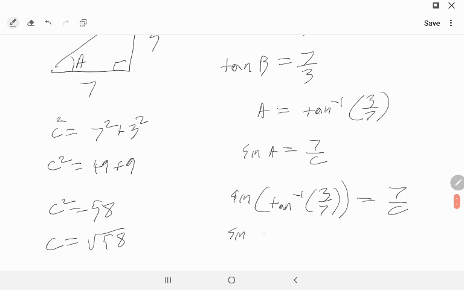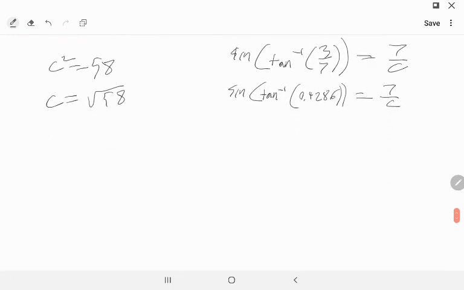So we're saying sine of inverse tangent of 0.4286 equals 7 divided by C. So if we take inverse tangent, we'll get, where'd that go?